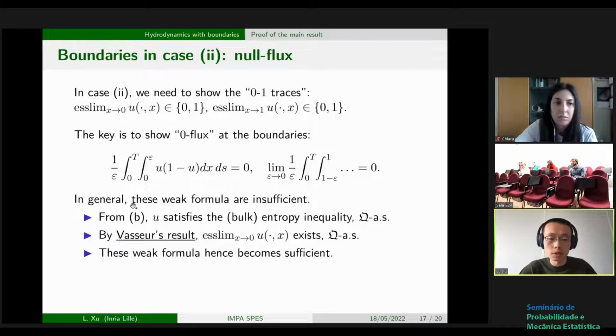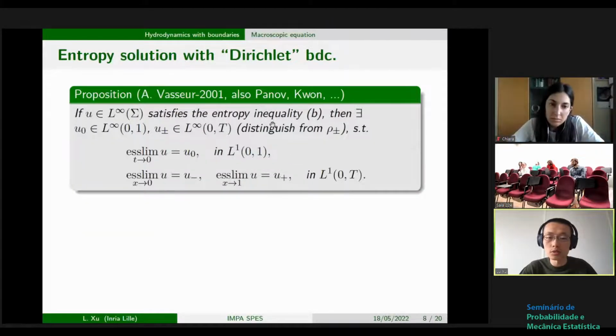However, because we already proved in B that U satisfies the entropy inequality, Q almost surely, then we should call for help from the PDE result here. Recall that this PDE result said that if an L infinite function satisfies the entropy inequality, then it has a limit at the boundary.